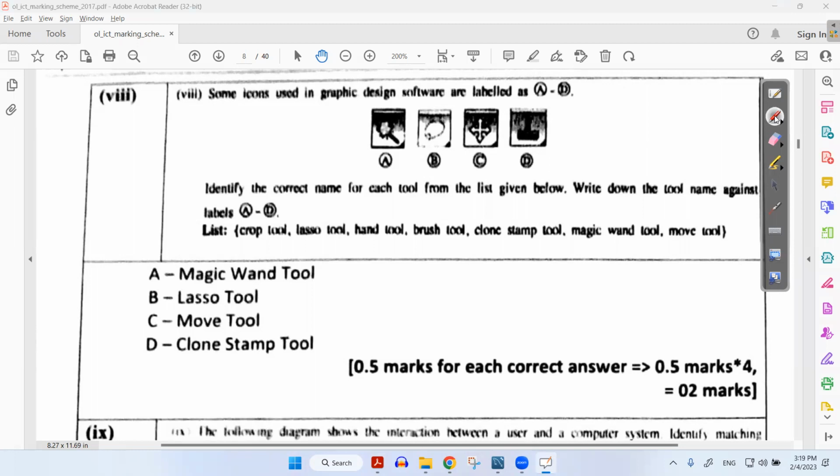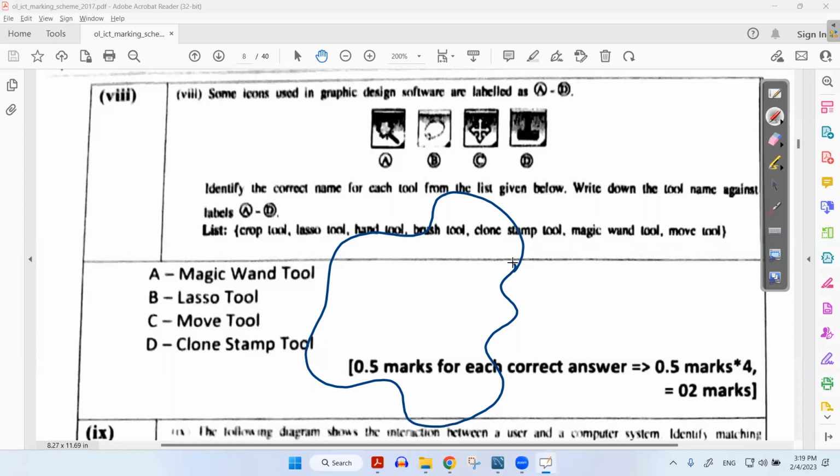It will select the same color areas in a picture. The lasso tool helps you to select any particular portion of the picture as you want. And C is going to give you a move. You can just click on a particular image or a component and move it. And then the last one is a clone stamp.